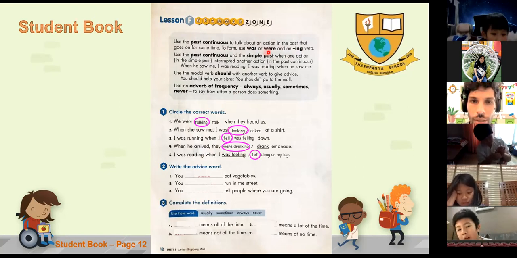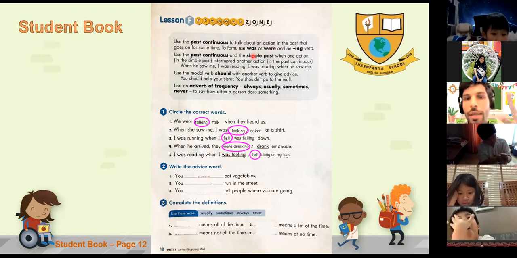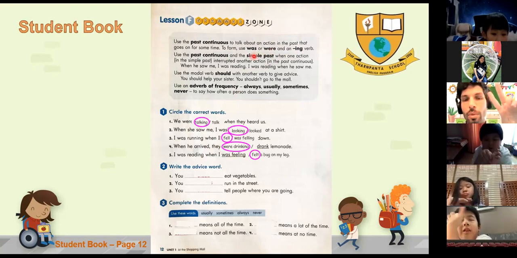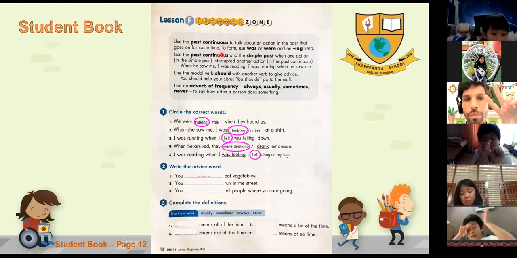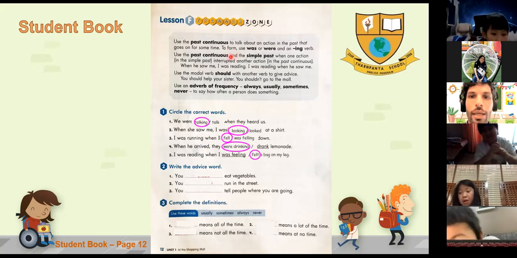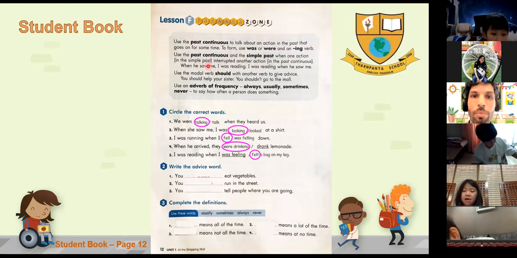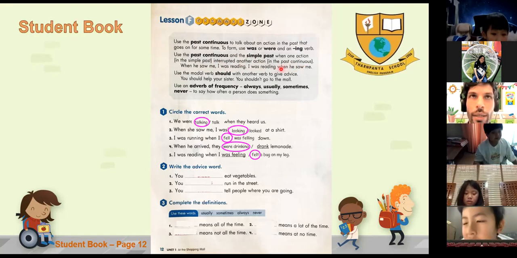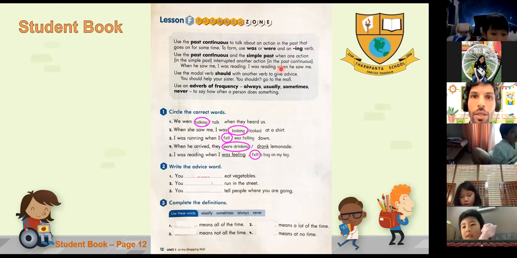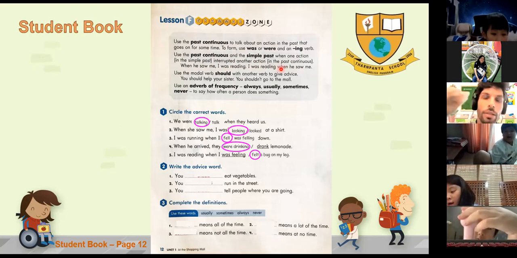And we can write sentences mixing past continuous and simple past. There are two different verb tenses. We use these sentences to express that one action in the simple past interrupted another action in the past continuous. For example, I was reading when somebody knocked at the door.